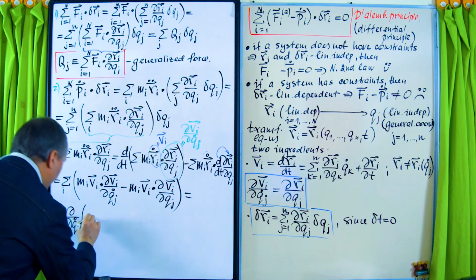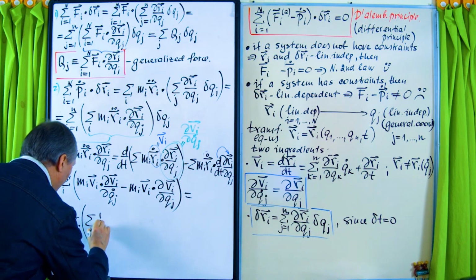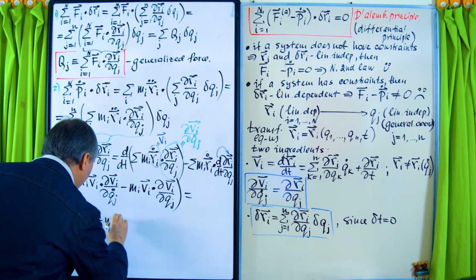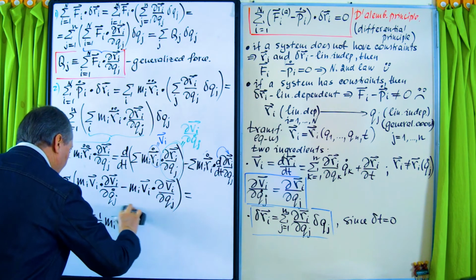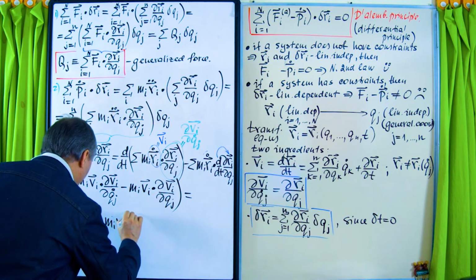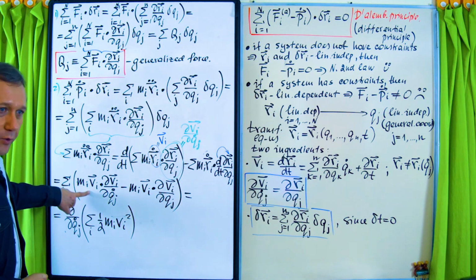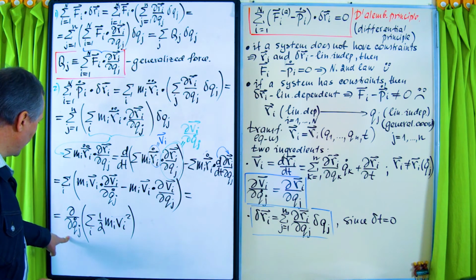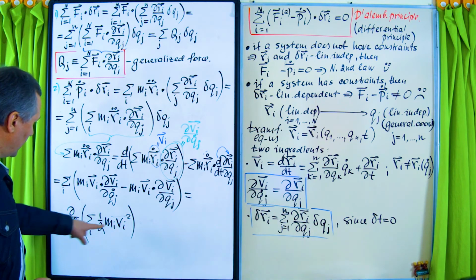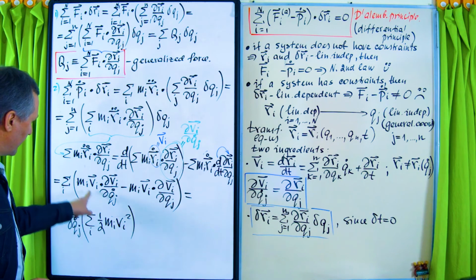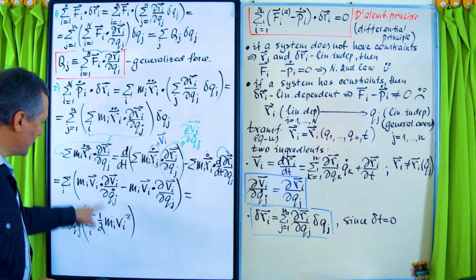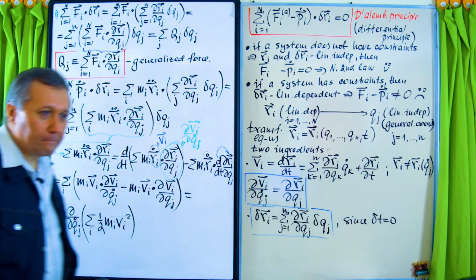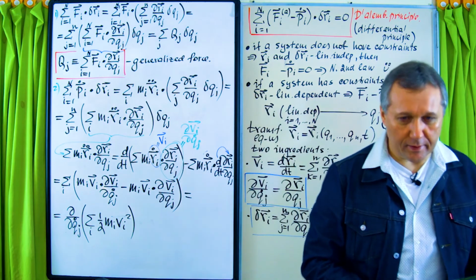Then summation over I, 1 over 2 mi vi squared. Okay, let me check. This first term, I claim that I can rewrite it like this. If you differentiate this with respect to qj dot, the 2 and this 2 disappear, and you will get mi vi dotted with the derivative dvi dqj. Yeah, I claim that the first term can be rewritten like this.